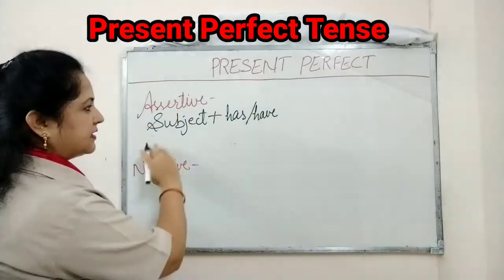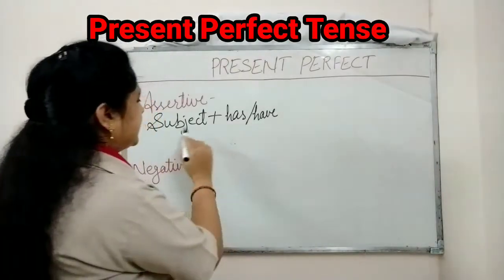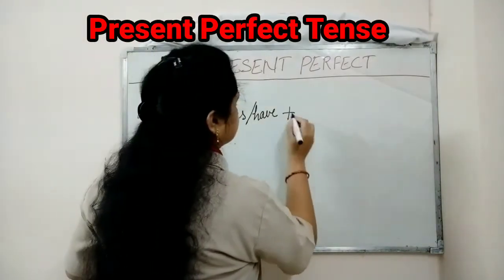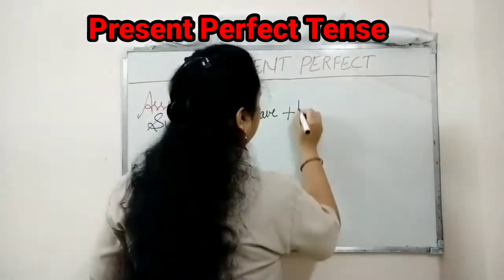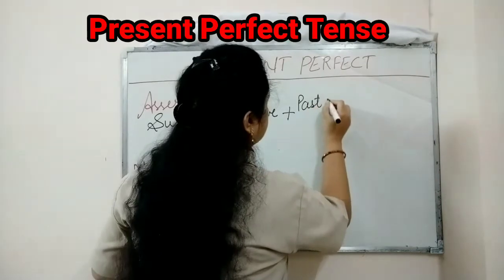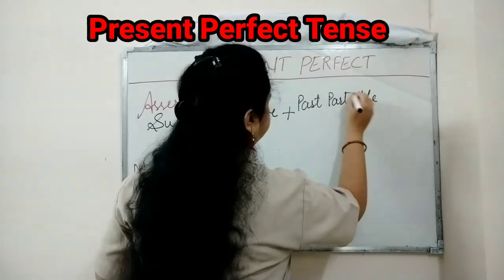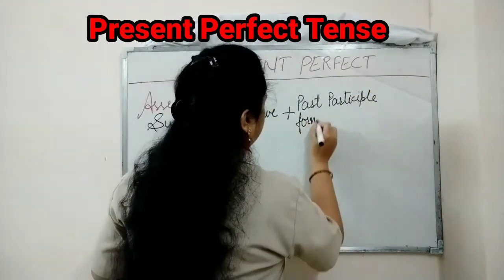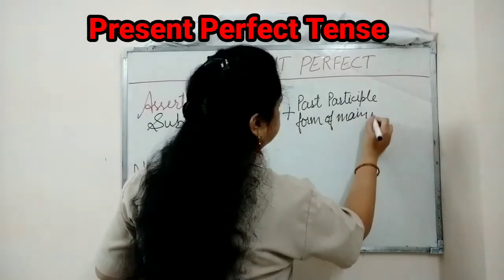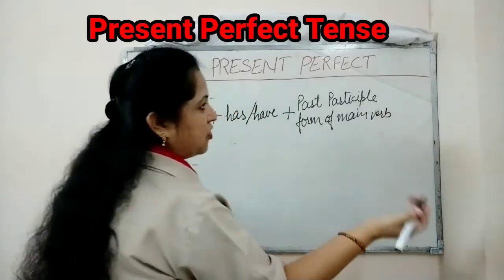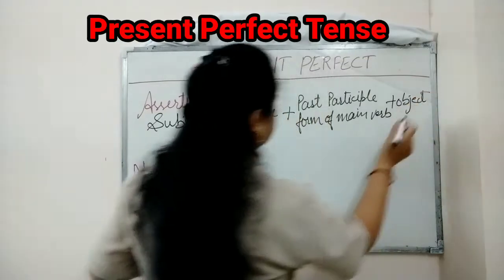If the subject is singular, then we write has. If the subject is plural, then we write have. Subject, has, have, plus the past participle form of the main verb. Here we always use the past participle form of the verb. And after that we write the object of the sentence.